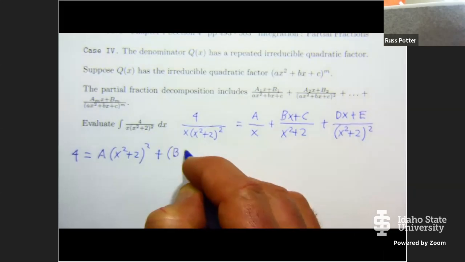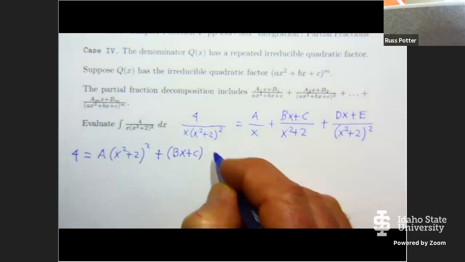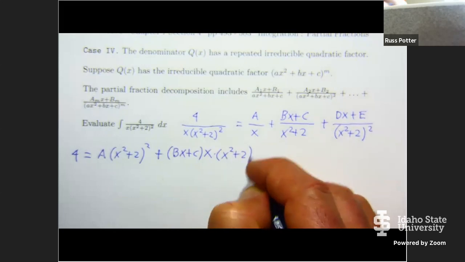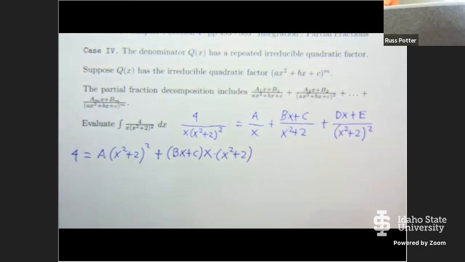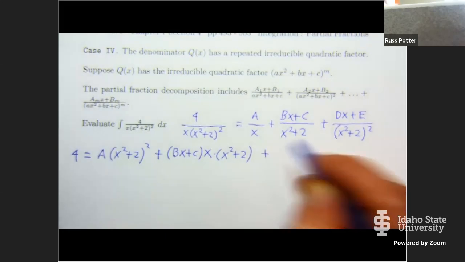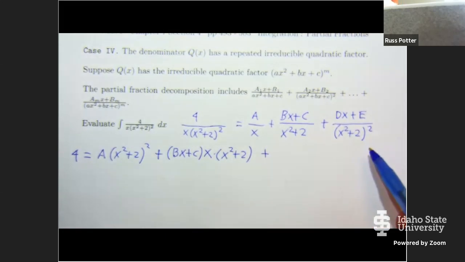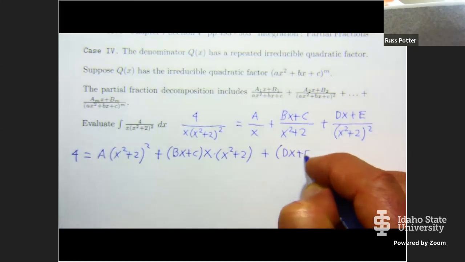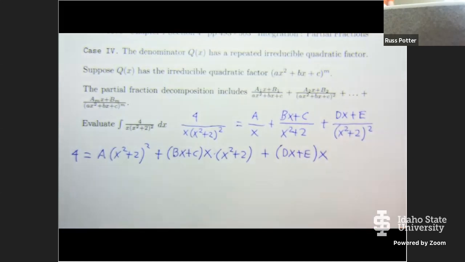So we'll get Bx plus C times x times one factor of x squared plus 2. And then finally, the third term, the x squared plus 2 squareds cancel, so we'll just be left with the quantity Dx plus E times x.